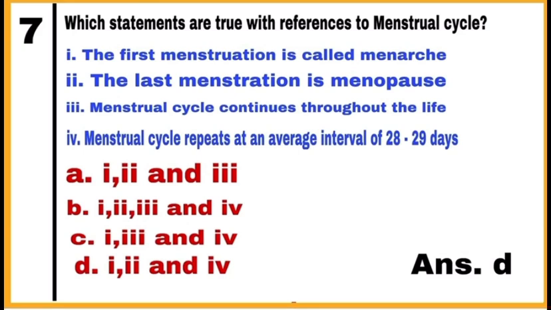The menstrual cycle ceases around 50 years of age. Statement 4. Menstrual cycle repeats at an average interval of 28 to 29 days. This is also correct. So statements 1, 2 and 4 are correct. Mark D as the correct answer.